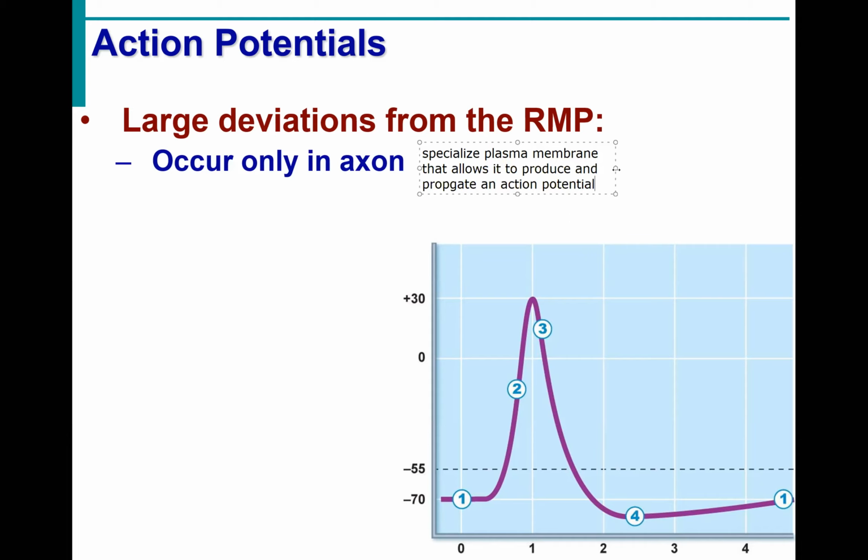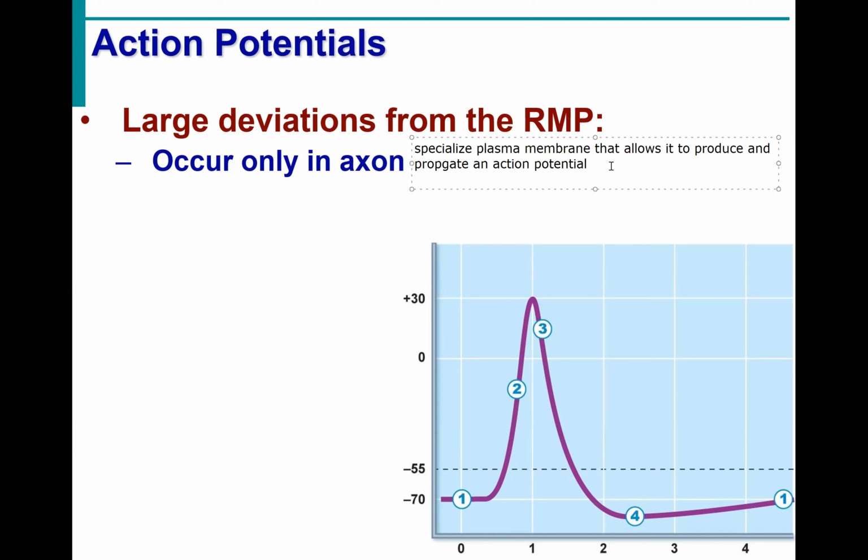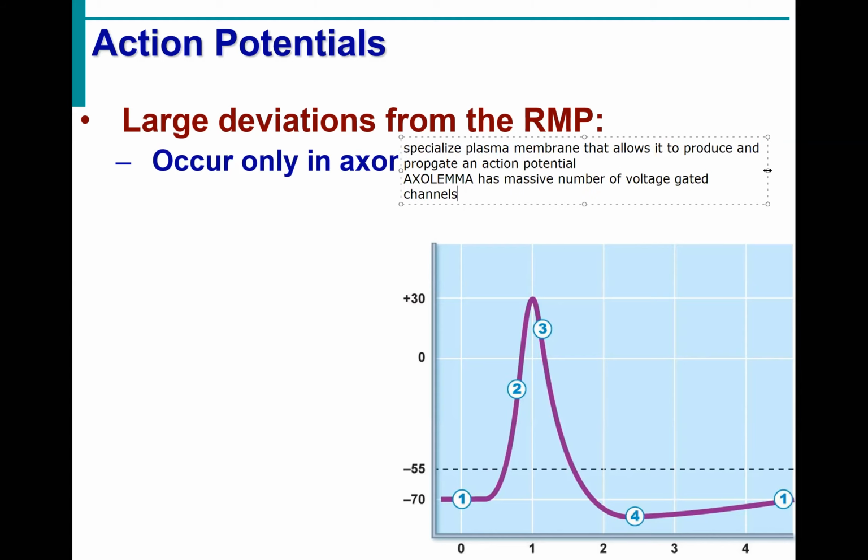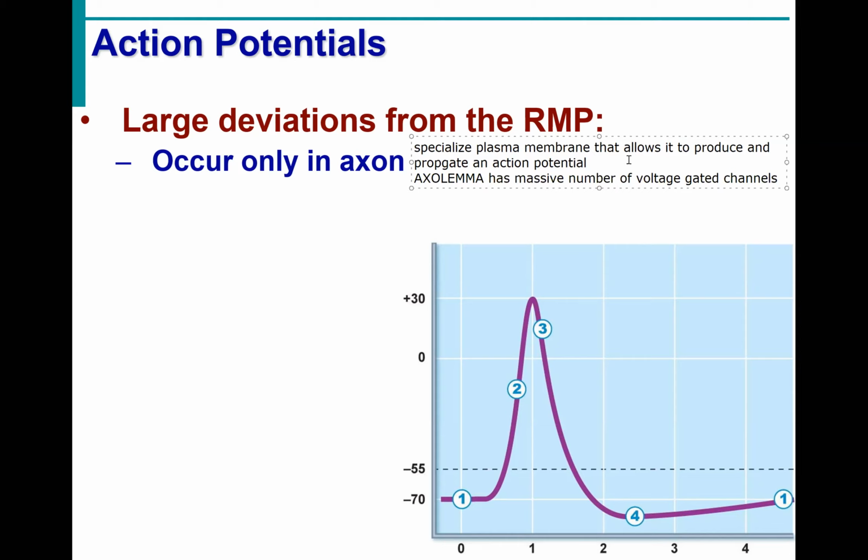There is no new information there, but in the last part, we hinted at what the new information is. The reason it is able to produce and propagate that action potential is that the plasma membrane, or again, remember the special term is axolemma, has a massive number of voltage gated channels, and in particular, two types.